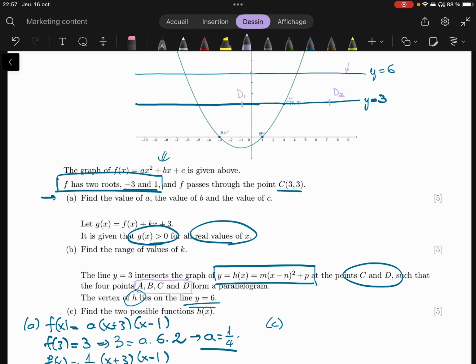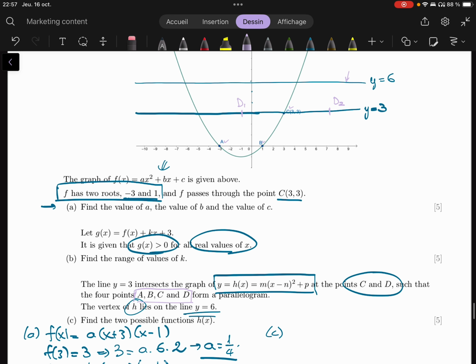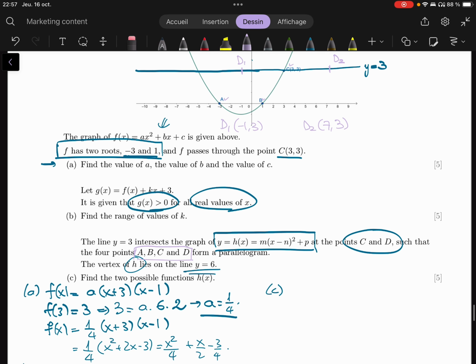Know the distinction. So what are the coordinates of D1 and D2? We know that D1 has coordinates (-1, 3). D2 has coordinates (7, 3).